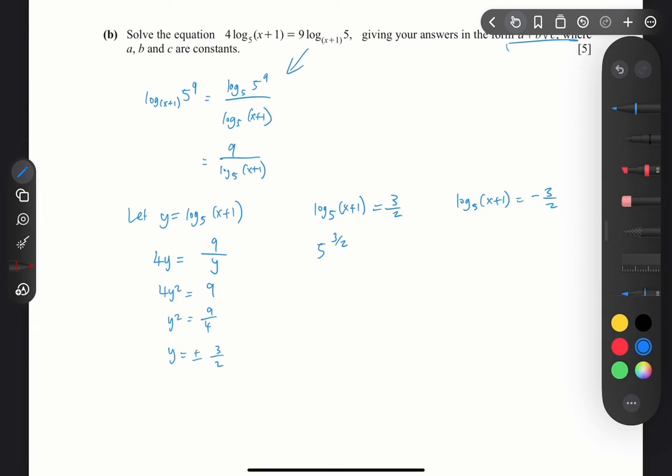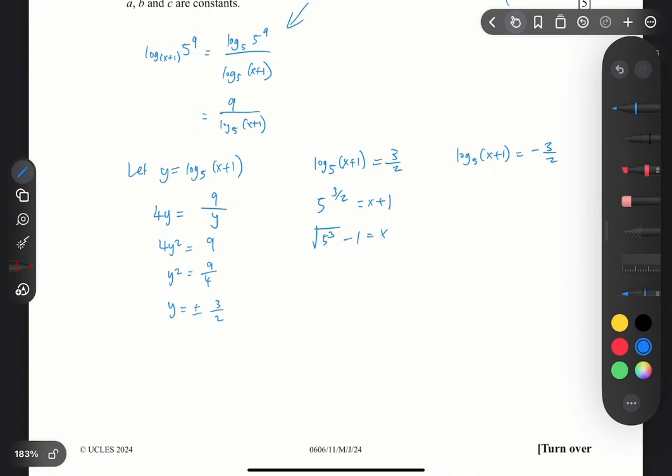5 to the power of 3 over 2 equals x plus 1. And you can rewrite 5 to the power 3 over 2 as square root of 5 cubed, minus 1 equals x. 5 cubed is 125, minus 1 equals x.